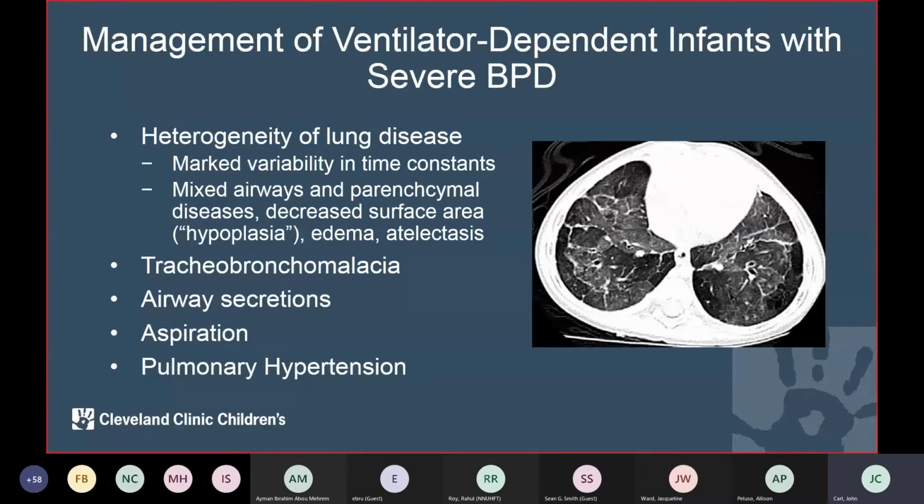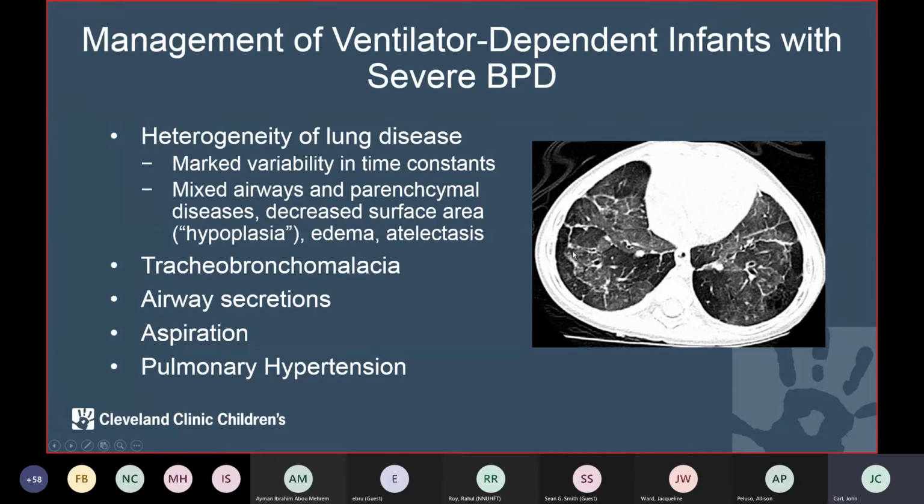So in terms of managing, I wanted to discuss a little bit the impact from the pulmonary perspective. The heterogeneity of the lung disease once patients have severe BPD has huge implications for subsequent management and for ventilatory strategies.